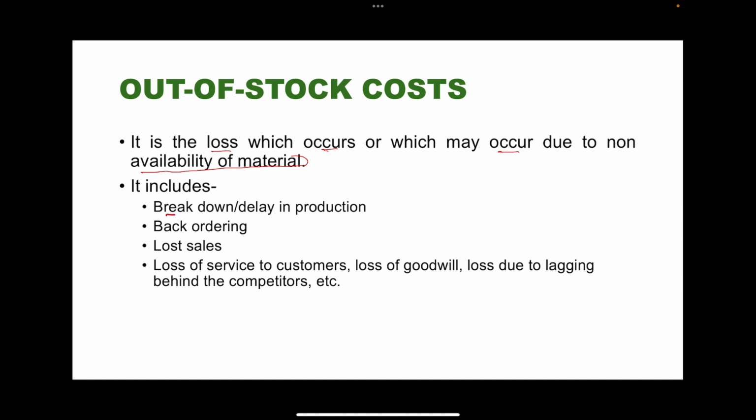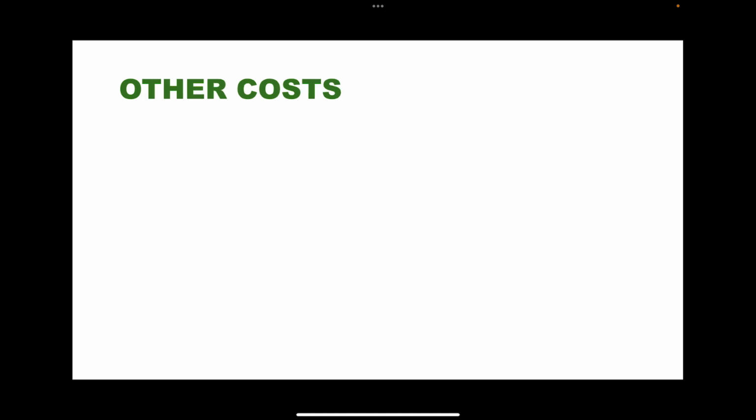It includes breakdown or delay in production, back ordering. That means at that time when we are not able to meet the demand, we will make a back order to purchase to sell that at a later time. And there is lost sale, and then there is loss of service to customers, loss of goodwill, loss due to lagging behind the competitors, etc. So these all come under the out of stock cost.